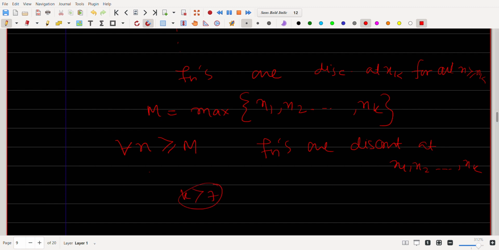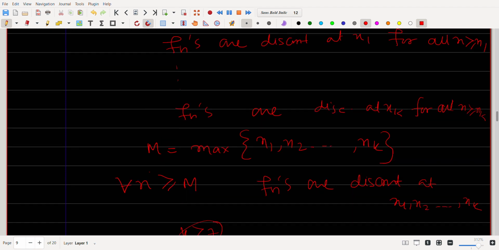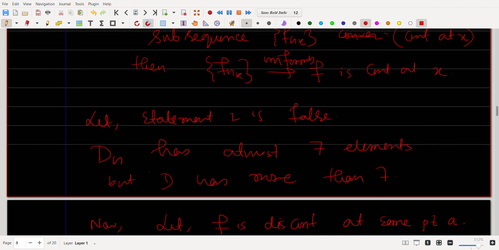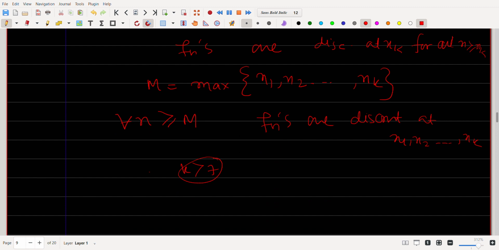Now if k is greater than 7, that means for all n greater than or equal to m, fn's are discontinuous at more than 7 elements, which contradicts the given condition, because the given condition says that Dn has at most 7 elements. That means for every n, fn can be discontinuous at most at 7 points.